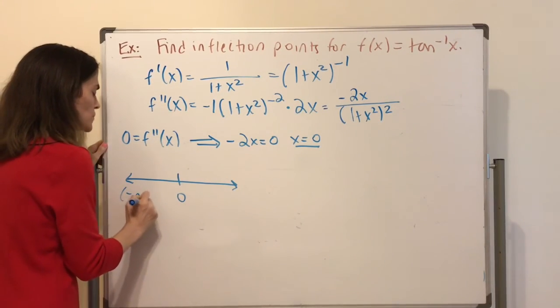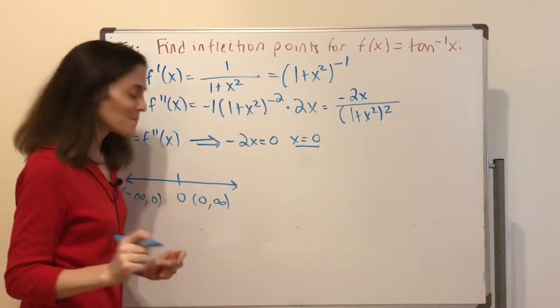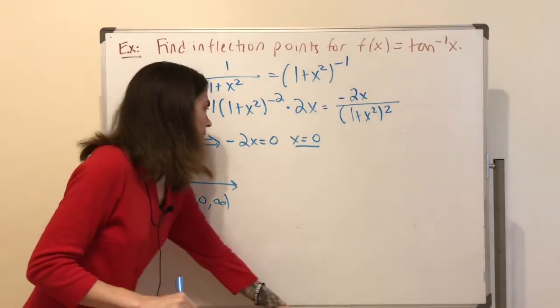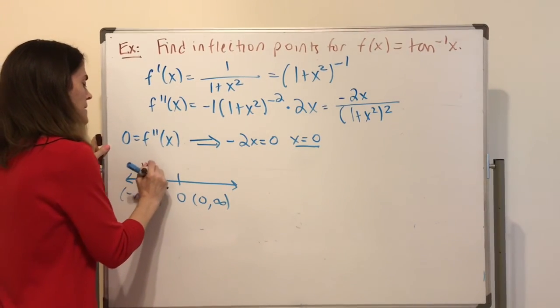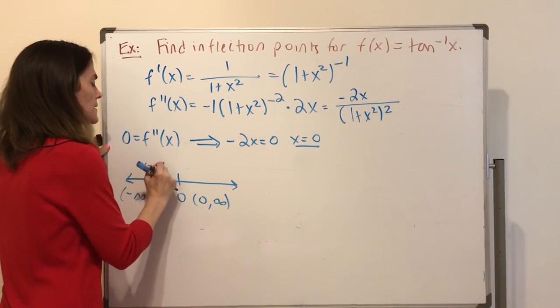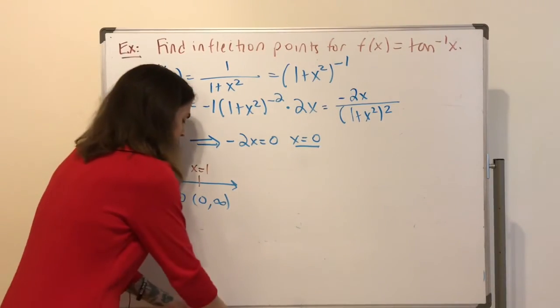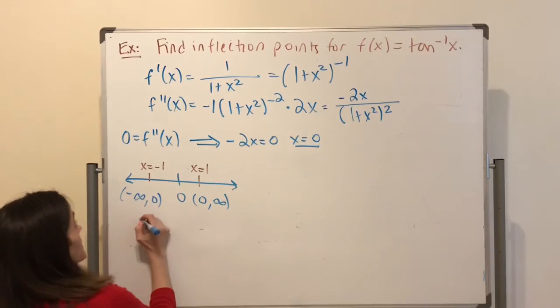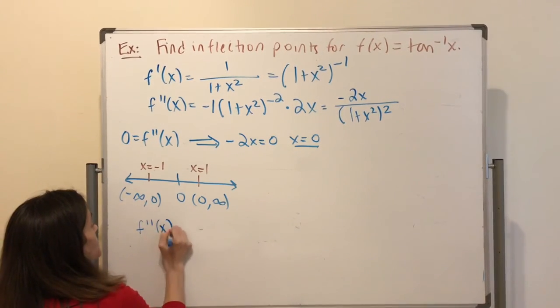My intervals would be like this. If I needed, for example, intervals of concave up and concave down, then I pick a point in each interval and test the second derivative because this has to do with concavity. Okay, so what I want is the second derivative.